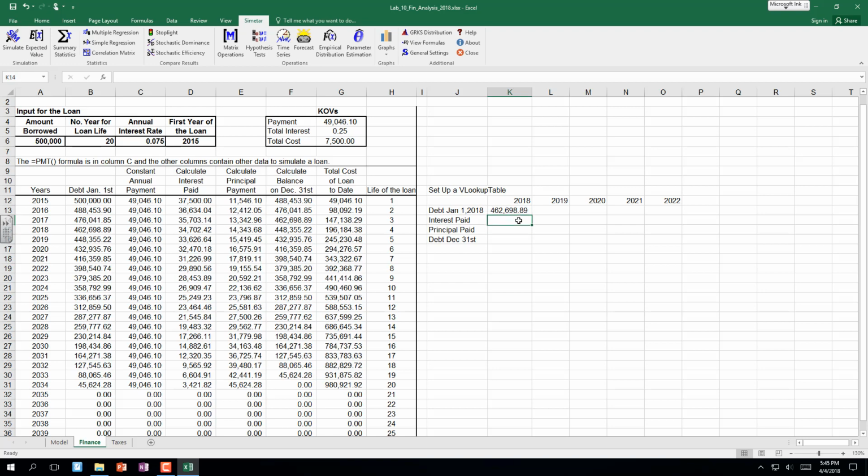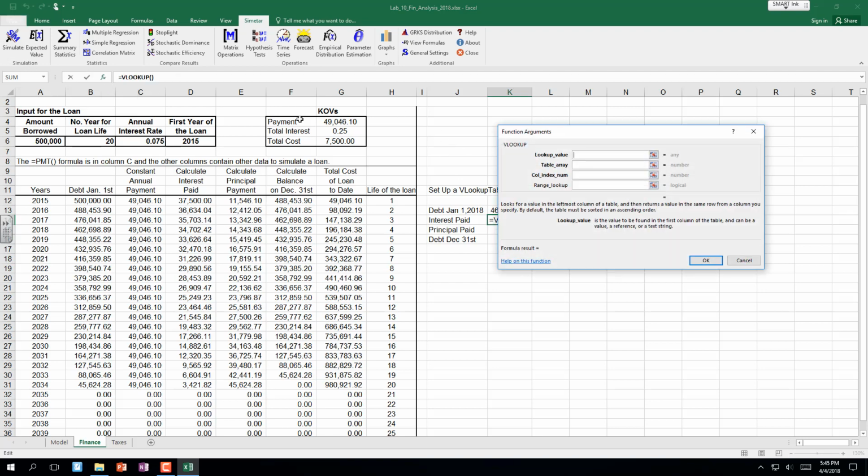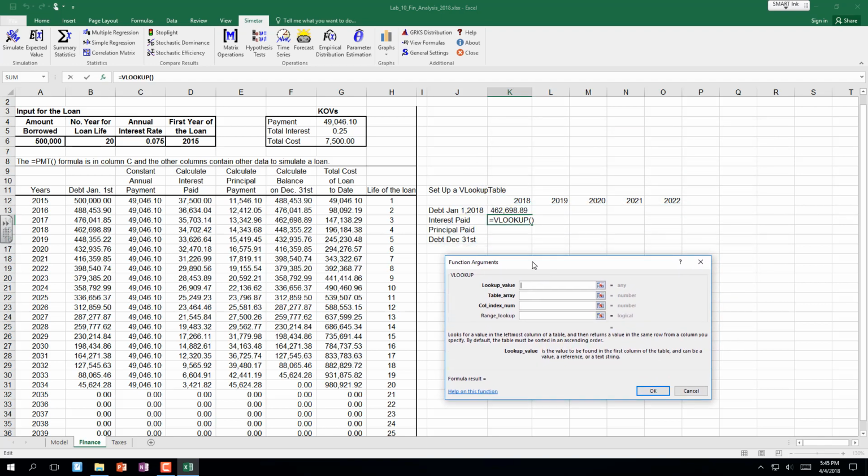It's okay. Equal VLOOKUP. And you can type V formula because about half the time I get excited and type V formula. Okay. VLOOKUP. We're going to hit F of X. It says, I want you to look up a value. And so I'm going to say, look up that value there, 2018. And I'm going to hit F4 twice to lock that row.